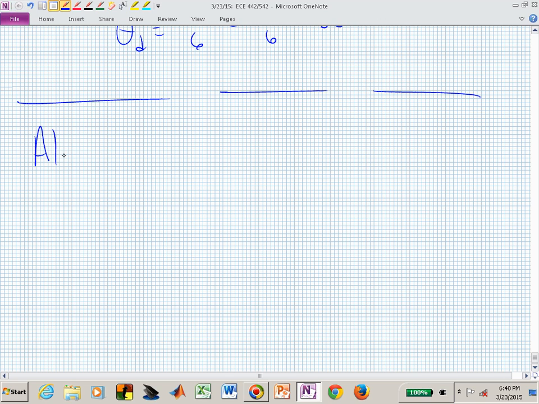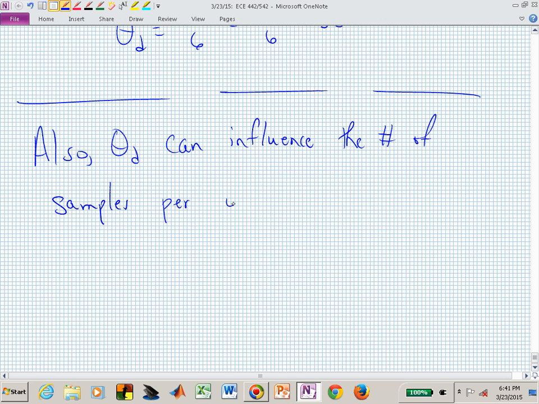Let me try to communicate that. So also, theta sub d can influence the number of samples per oscillation cycle.